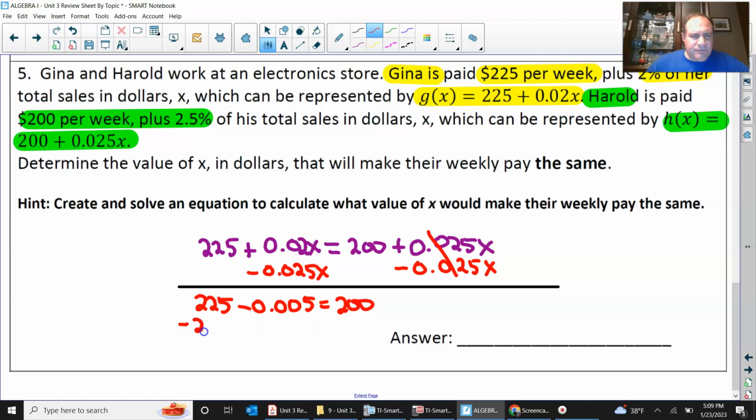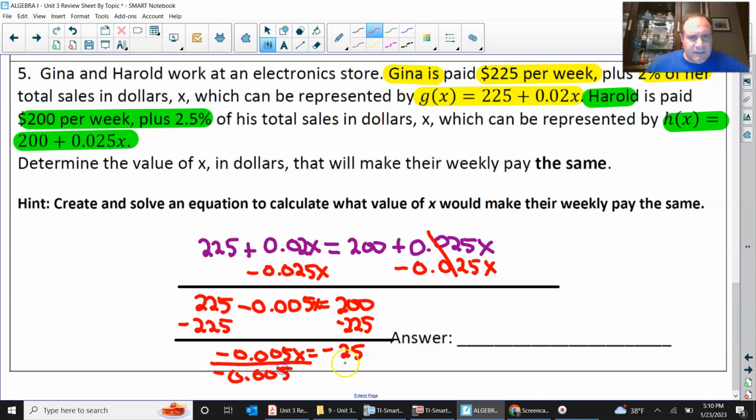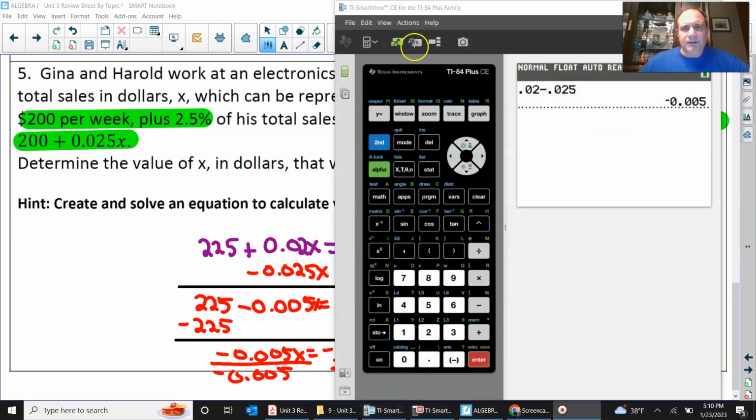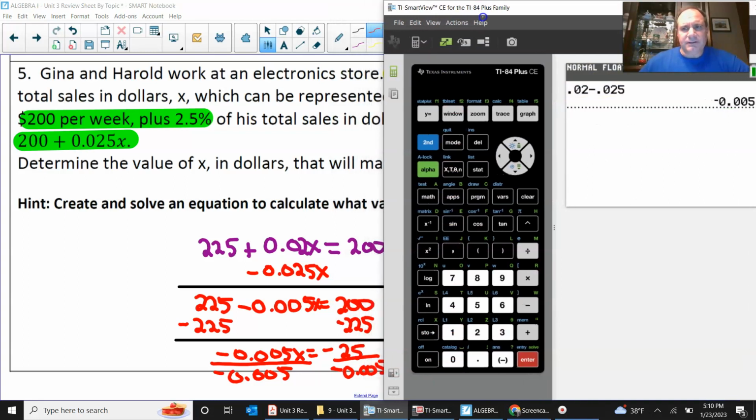So then I am going to subtract 225 from both sides. I'm solving for x, and by the way, I forgot to put the x. This is x right here. Minus 225. So it's negative 0.005x equals negative 25. Then you divide by negative 0.005, and I'm going to use my calculator to get this answer.